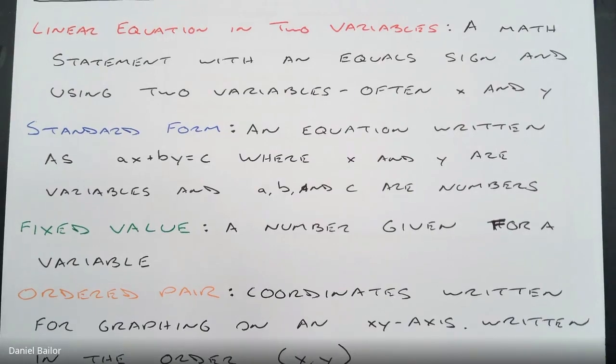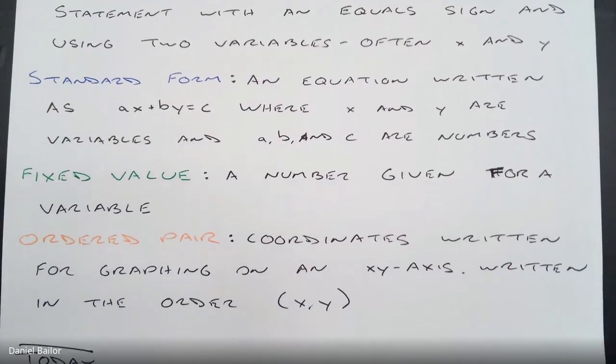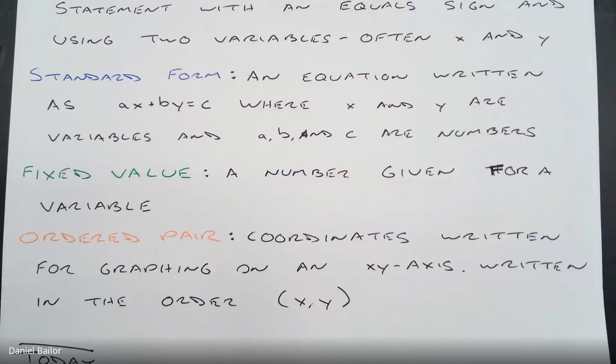Next vocabulary word is fixed value. A fixed value is a number given for a variable. So if you have a linear equation with 2 variables and you say x equals 3, 3 is the fixed value for x. 3 is the number that you gave for x.